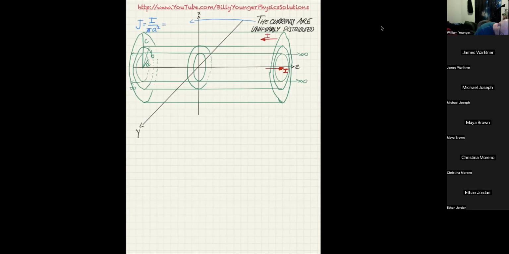But that's also going to be equal to I over pi times c squared minus b squared. So that's what I mean by the current being uniformly distributed throughout.